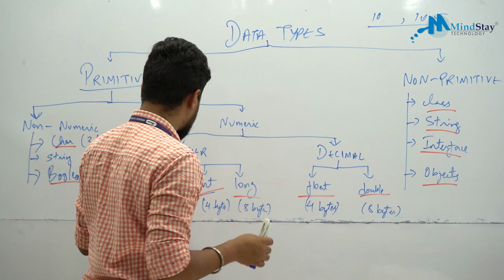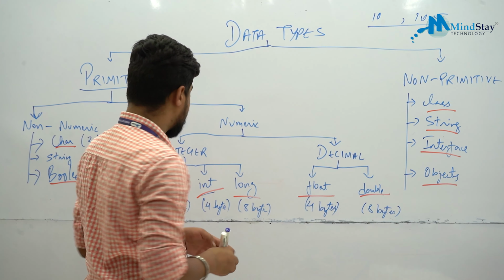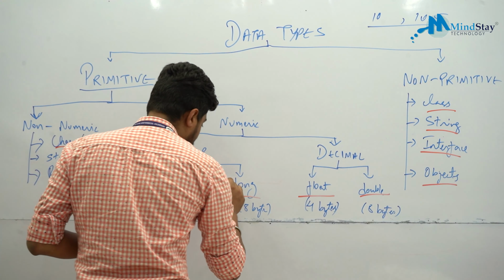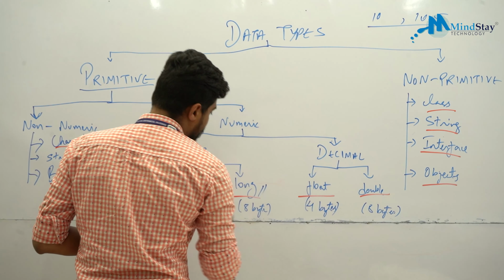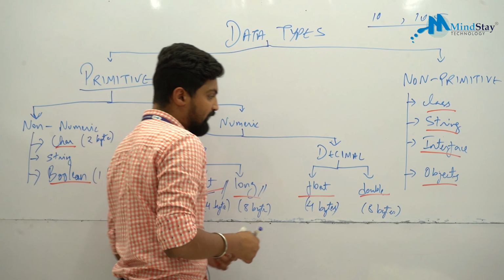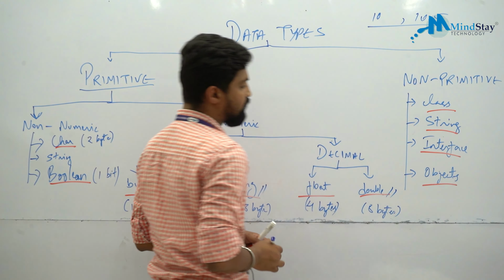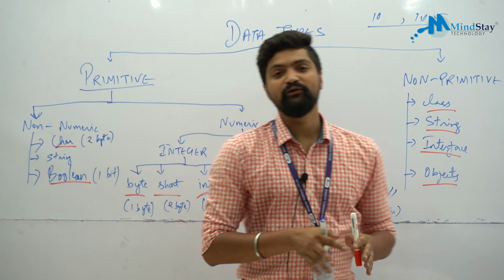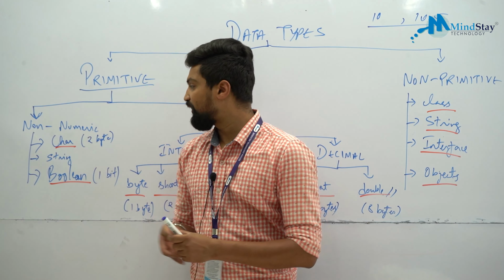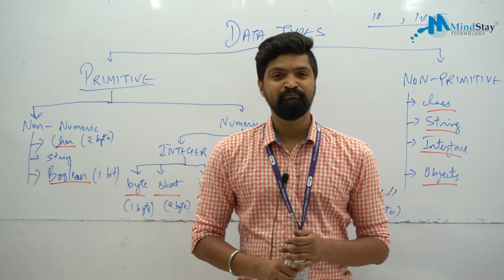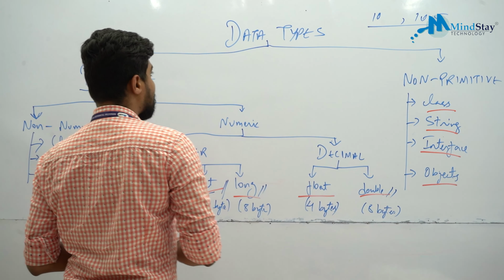Let us also understand how much short, int and long can take. But maximally what is used is int and long. In integer type we use int and long, and in decimal type we use double maximally. For characters we use string as well as character, and boolean is always there. So this is all about your data types.